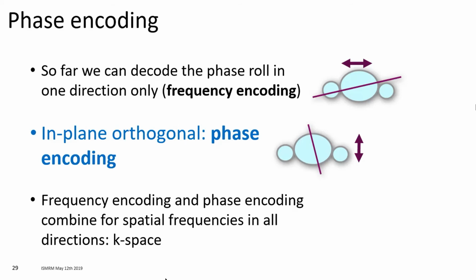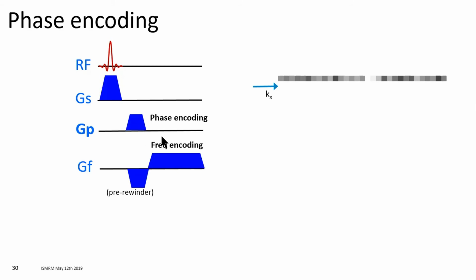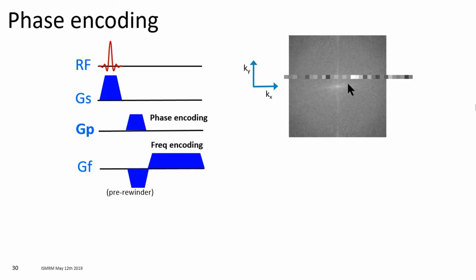Okay, so let's take a moment and just add phase encoding into our pulse sequence diagram. Here's the phase encoding gradient. This is the pre-rewinder that we introduced earlier, and this produces some phase roll in the orthogonal direction to frequency encoding, and we read out some k-space values and put them into k-space as a pictorial representation of k-space.